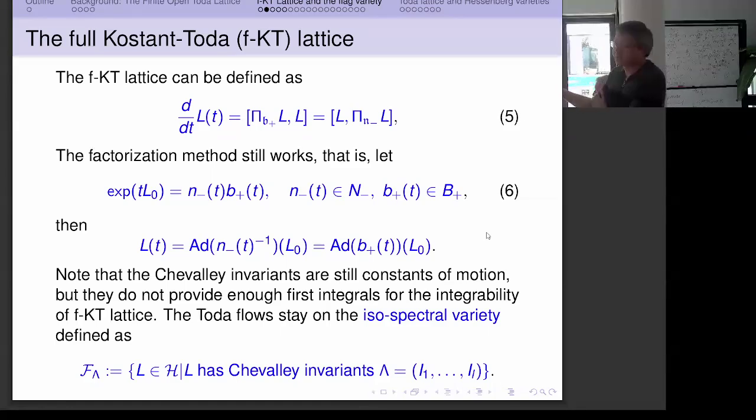You can just go through line by line, and the argument still works. So we didn't lose the essential part that we want to keep: we view L(t) as an element in the co-adjoint orbit of B plus. Something good. But immediately we have a problem.